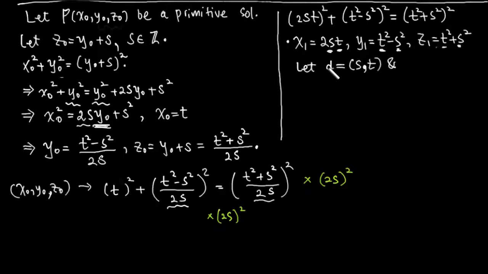So let's write d to be the greatest common divisor of s and t, and write s as d times m, for example, and t is d times n. And then d is going to be the common factor. You can see you can get rid of those common factors here.